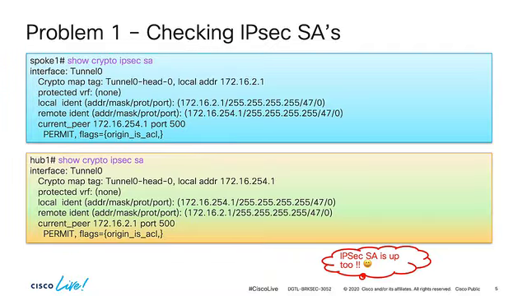When we look at these commands, we do see the IPsec SAs are also up, which is awesome. So we know that our encryption layer looks good too at this point.